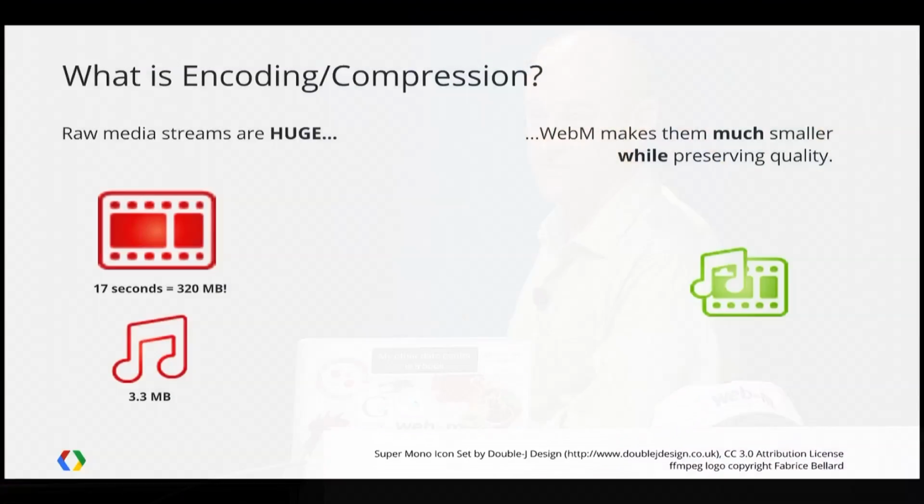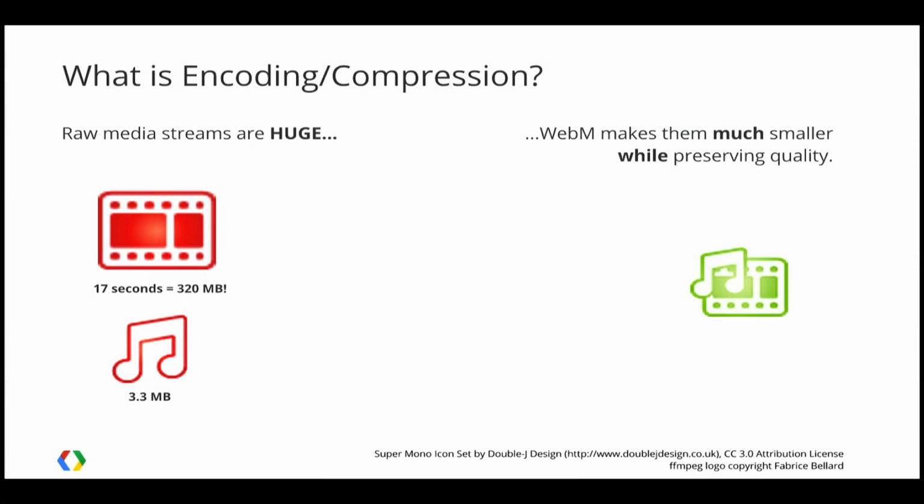So raw video right off of a camera, an editing deck, whatever, if you just have all those full pixels, it's not compressed at all, it's gigantic. So let's say this video that I'm going to encode is not even HD, it's around standard definition. It's 17 seconds long, just for the sake of brevity here, yet it's 320 megabytes, that file.